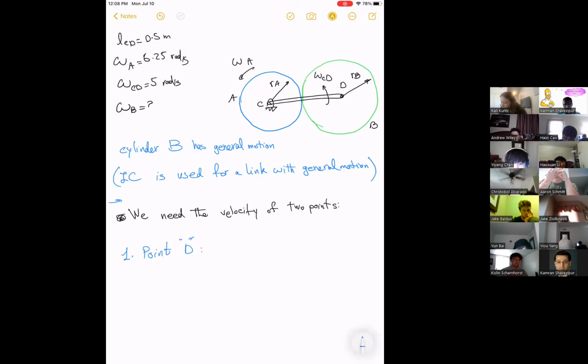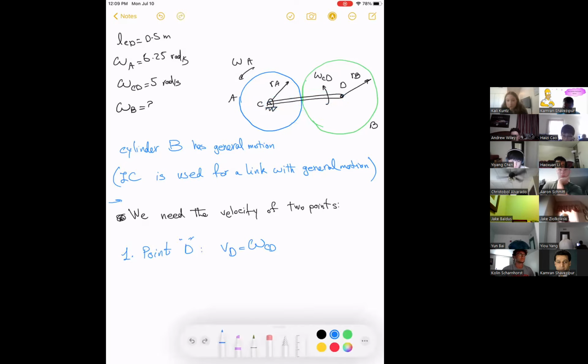You can use omega CD, and then you need a radius, but I'm not sure which one. Listen, if I'm going to use link CD and omega CD, this is the center of rotation, so the radius is going to be LCD, right?